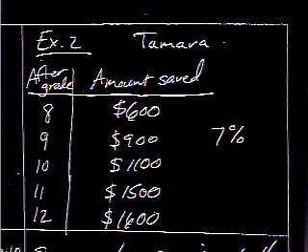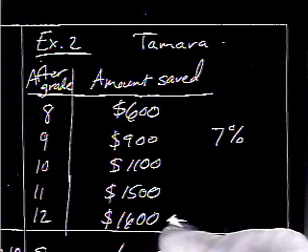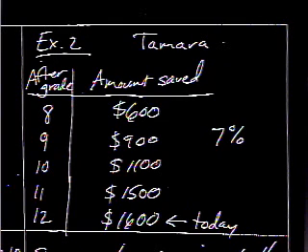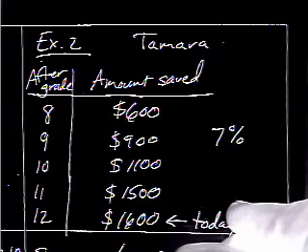Now, at the end of her 9th grade year, the summer after her 9th grade year, she got $900 from working, and she also placed that in the account, making 7% interest. And the same thing happened after her 10th, 11th, and 12th grade year. So this money right here was placed in the account today. So obviously, it has not earned any interest.